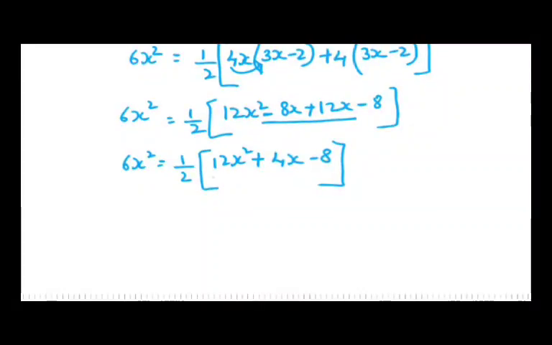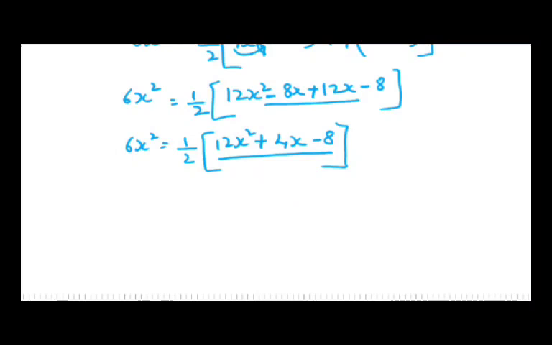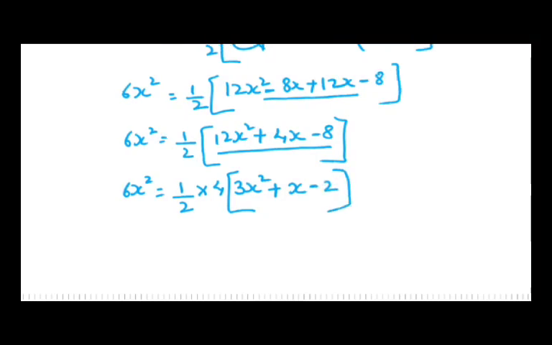Alright children, in this entire thing I can see that there is a common factor which is 4. So I'm going to bring the common factor 4 outside. 4 how much are 12? 4 3s are 12. 4 how much are 4? 4 1s are 4, so let it be x, and 4 2s are 8.